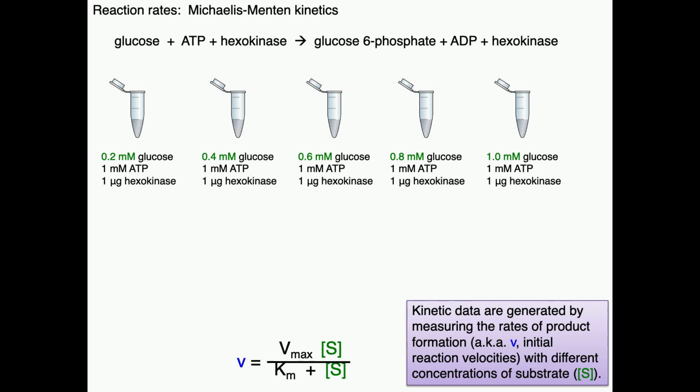ago, hexokinase. The hexokinase enzyme is catalyzing the hydrolysis of ATP and the addition of a phosphate onto glucose to make glucose 6-phosphate.